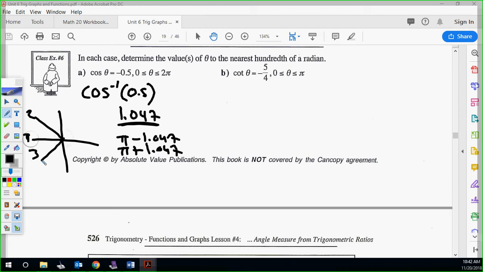That gets me my 2 spots in quadrants 2 and 3. You're doing the same thing you do with angles, guys. It's just in radians. And the part that you were saying, Donovan, is going to come up on the next page, where if you get the exact radian measure, we're not going to have pi as a decimal.